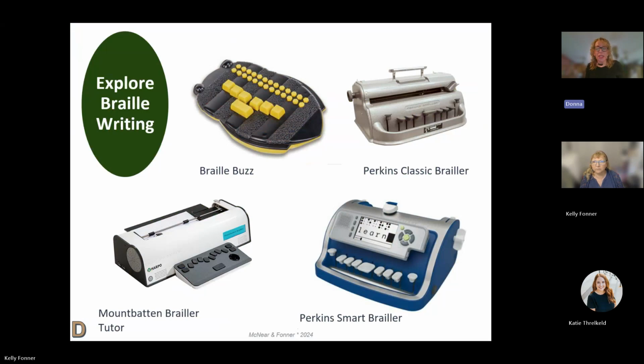That's a really, really common tool used, and it's a manual Braille writing tool. And then there are some electronic tools. You have a tool called the Mountbatten Brailler Tutor, and that's electronic. And then you have the Perkins Smart Brailler, which incorporates some electronics. So just so you have awareness of what Braille writing tools look like.